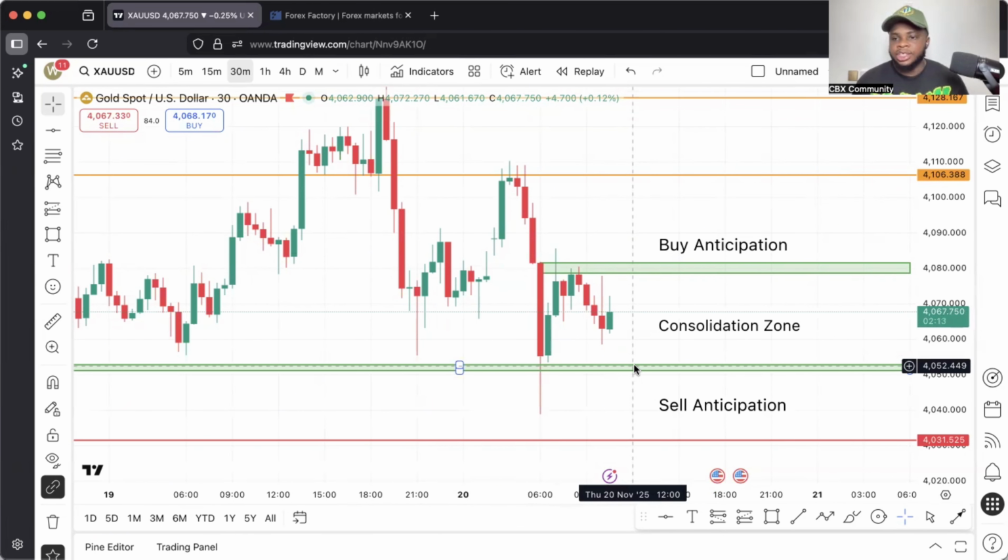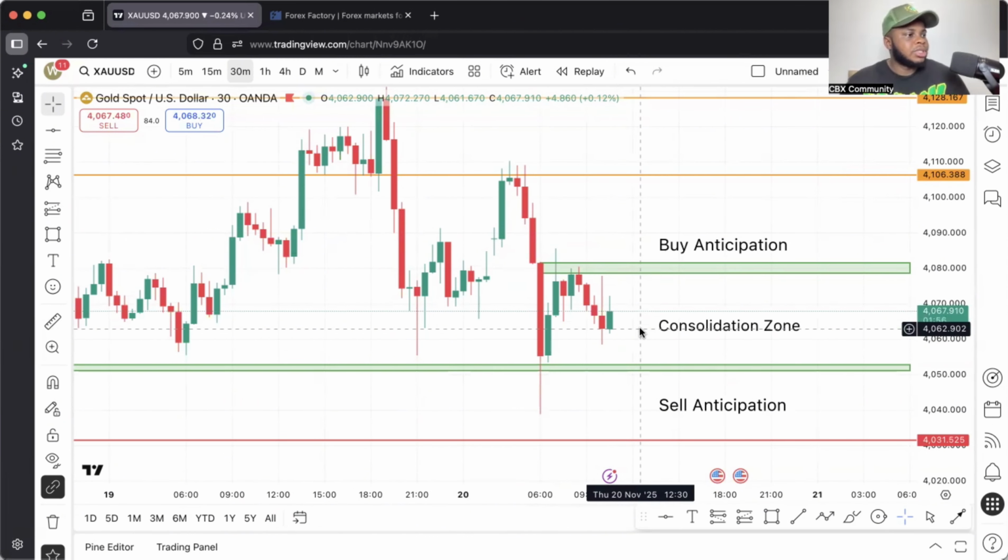So for now, let's just be patient until this candle closes. Then we can anticipate if we need to take a position or if we need to be patient and wait for a confirmation trade before we open a position.